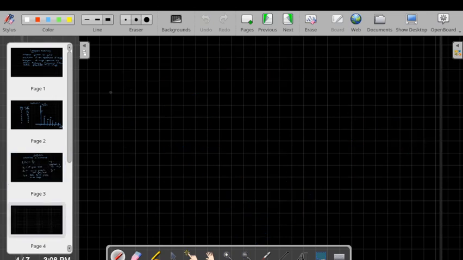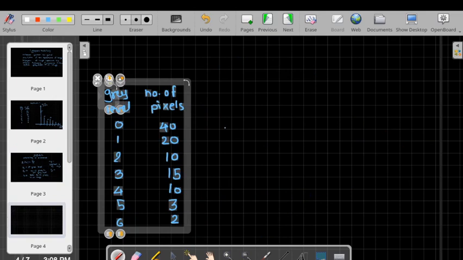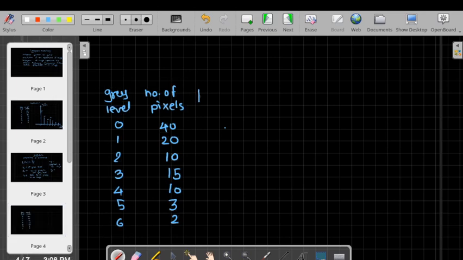So we'll write down here. This is our previous table. We'll use this same table here. Now we only have to add one more column that indicates P(r_k), the probability of occurrence, which is equal to n_k divided by n. So n is nothing but the total number of pixels present in the image.